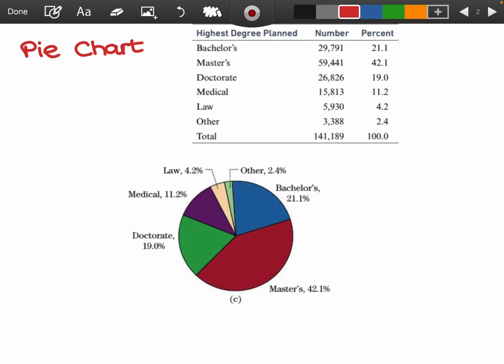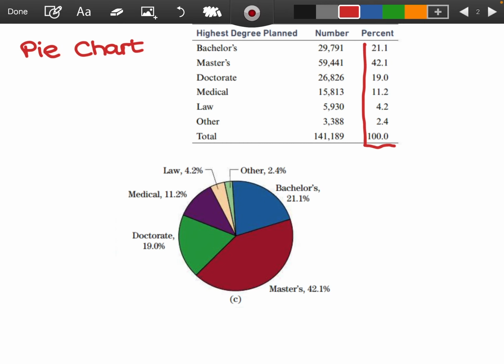How do you figure out exactly how to do a pie chart? Well, what you need to do is look at the percentages, exactly what we have here, and multiply each one of these by 360. Okay, there's 360 degrees around the circle. So to figure out exactly what the angle would be in the circle for a particular section, you need to multiply the percentage by 360, and that will give you the angle in degrees that will represent that particular section.